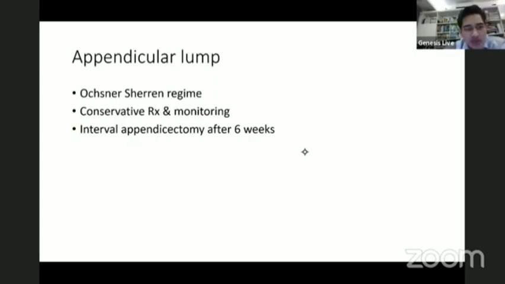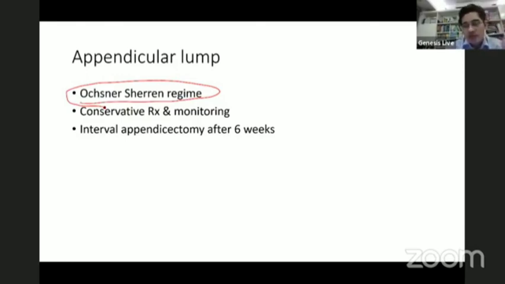What happens in case of an appendicular lump? Now, you all remember this term, Ochsner Sherren regime. Make sure you know the spelling correctly. You start this regime. What are you doing in this regime? What you are doing is conservative treatment.